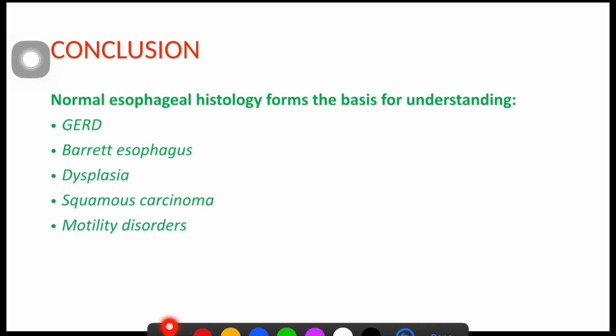So in conclusion, normal esophageal histology forms the basis for understanding GERD, Barrett esophagus, dysplasia, squamous carcinoma and motility disorders.